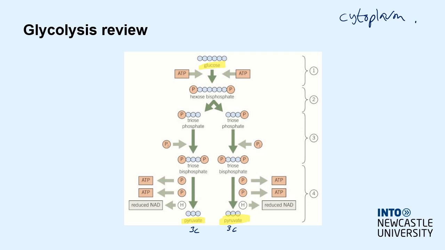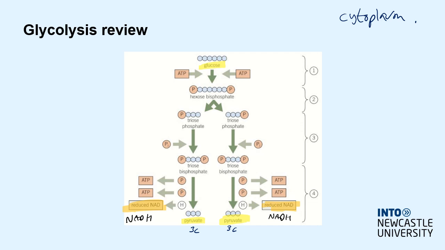The products it makes: we have 2 molecules of pyruvate, as shown in the yellow highlighter. We have 2 molecules of reduced NAD, which we can also call NADH, and these will feed into the final stage of aerobic respiration, the electron transport chain.